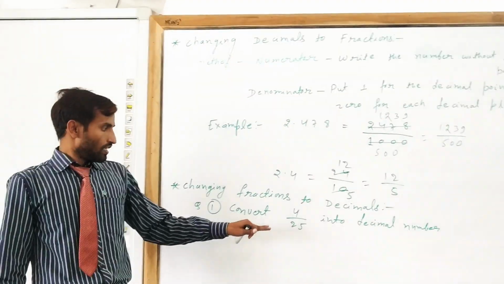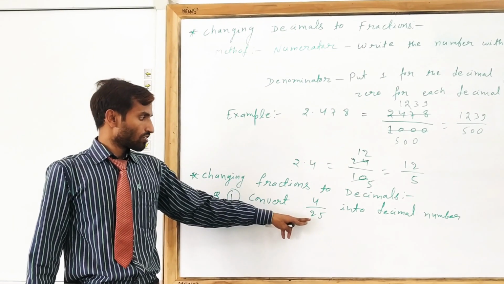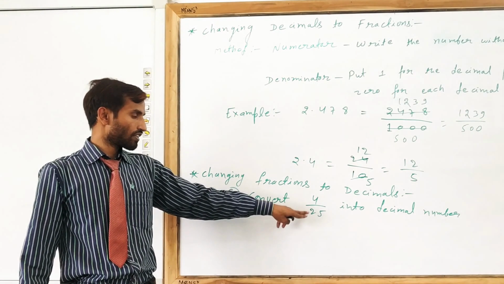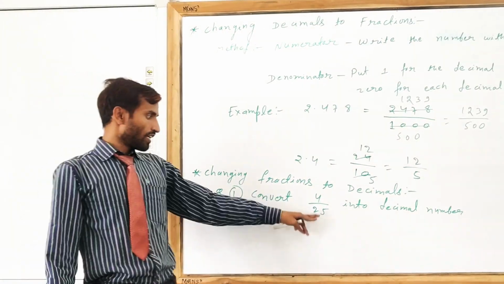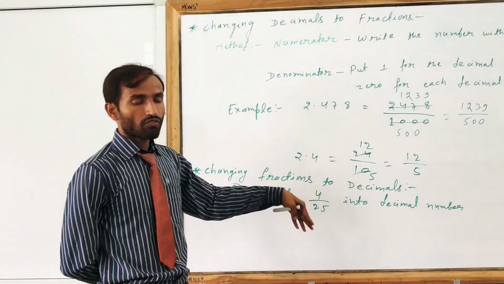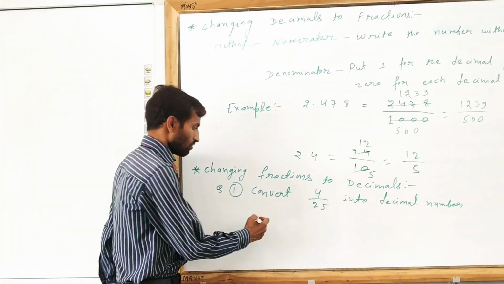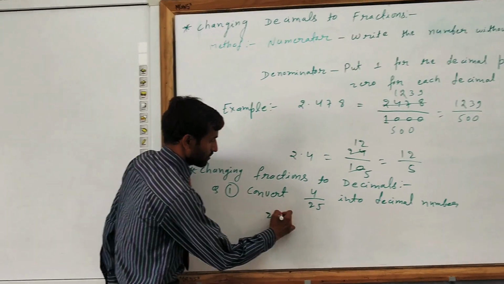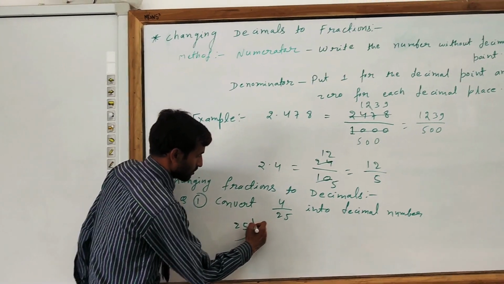In this method, you have to divide. This is the numerator and this is the denominator. We divide the numerator by the denominator, so we divide 4 by 25.